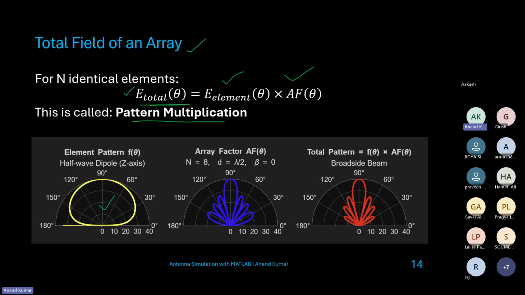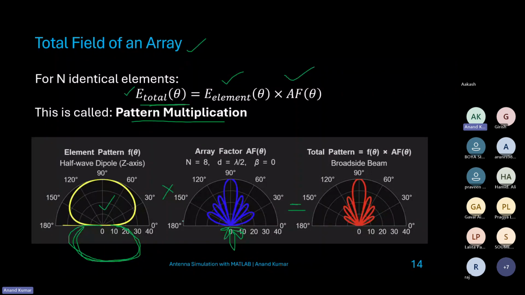If you make the complete pattern, it will look something like this, a donut cut vertically. And your array factor, if it looks something like this, if you draw it in the entire 360-degree angle, both of these will multiply, and then you get your final radiation pattern, which will look something like this.